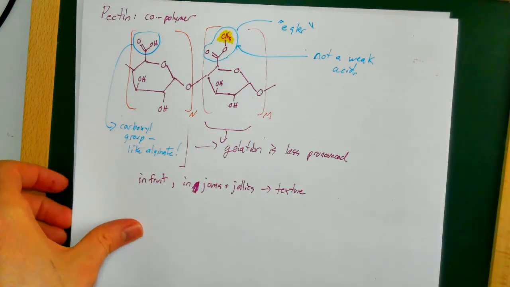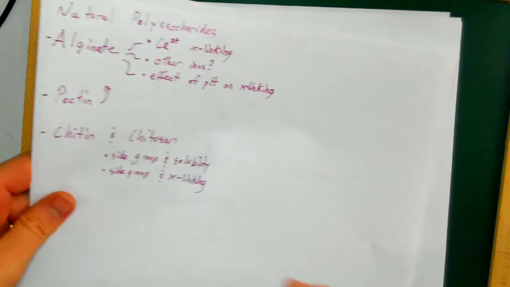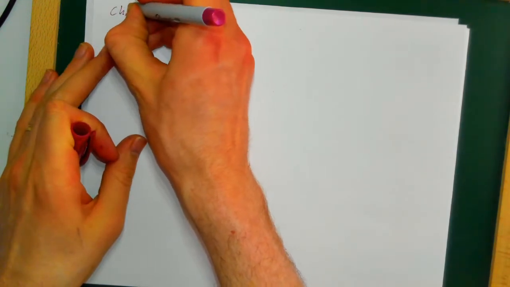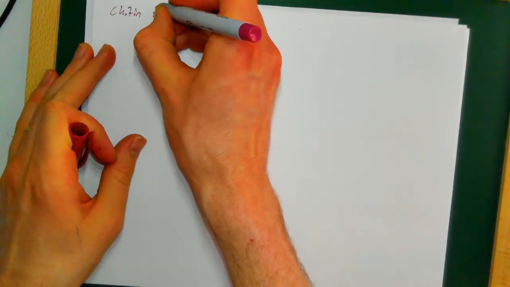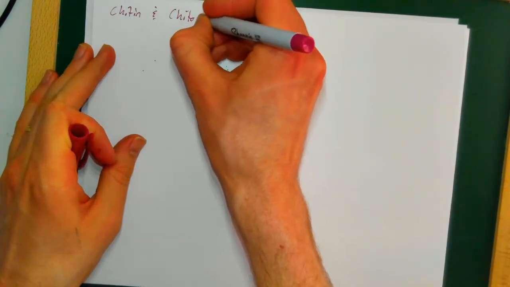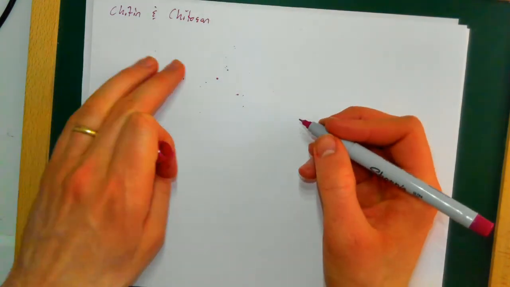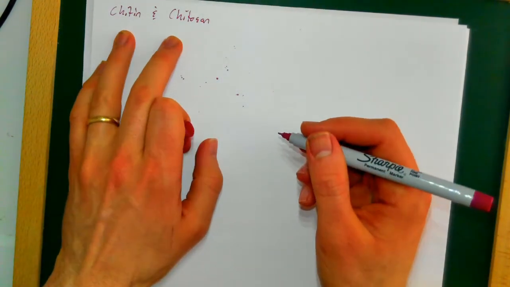So let's talk about chitin and chitosan. Chitin and chitosan are polysaccharides as well. So where might you find chitin?